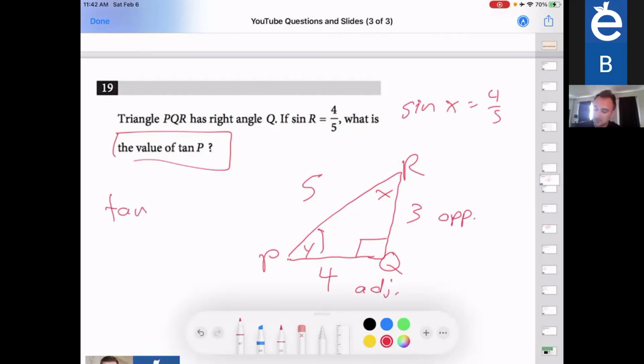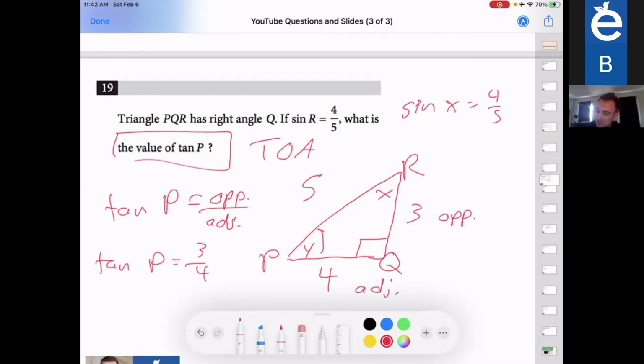So the tangent of P, we'll keep it that way, really tangent Y, doesn't matter. Tangent P is equal to my opposite over my adjacent, right? So TOA, T-O-A, tangent is opposite over adjacent. Tangent P is equal to my opposite side, 3, over my adjacent, 4.